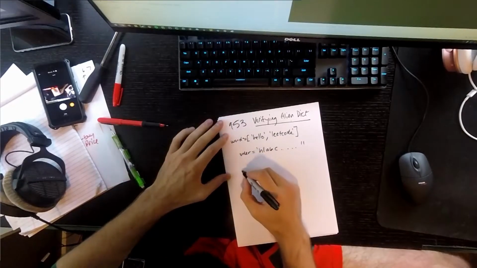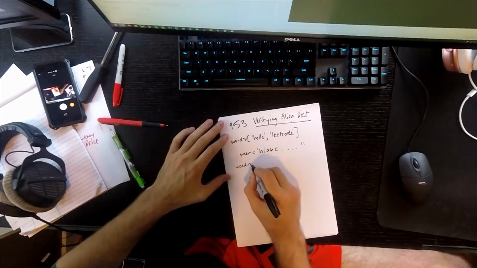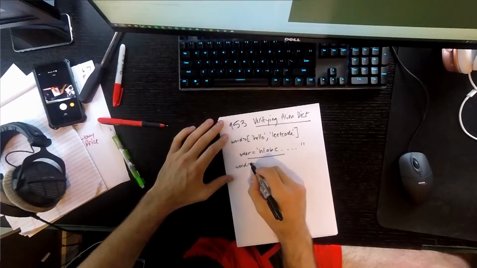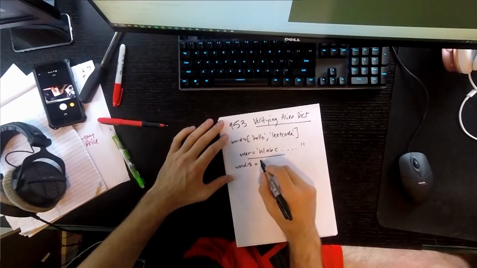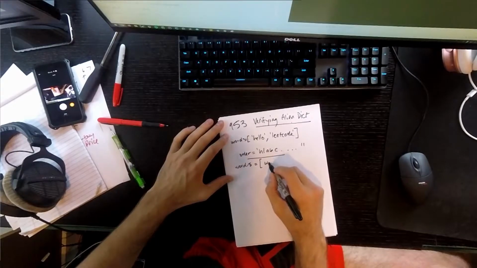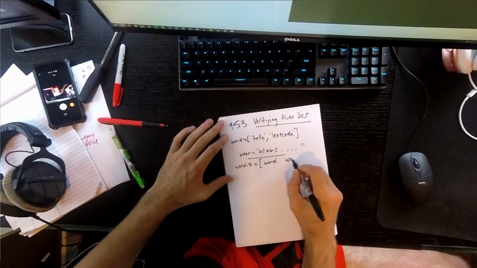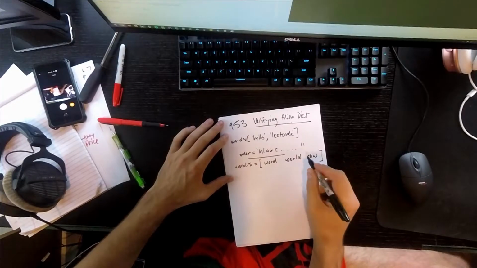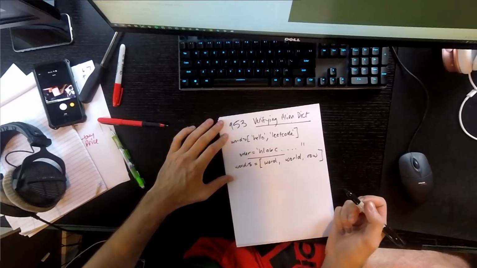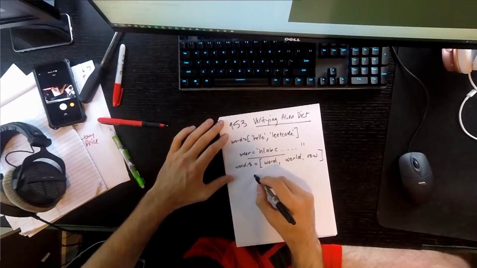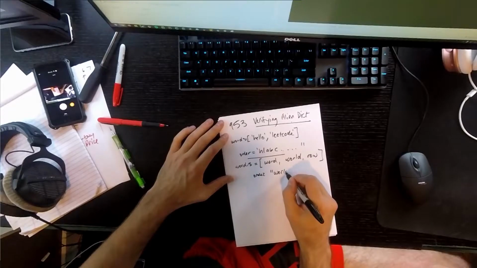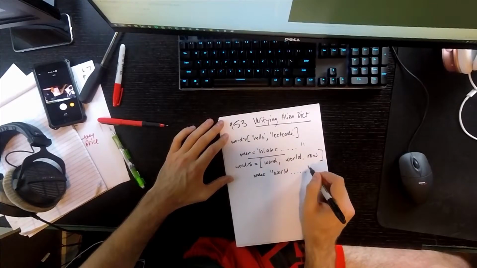A counterexample would be if words was, so assume the words are word, world, and row. And the ordering was world and then something else, doesn't matter.